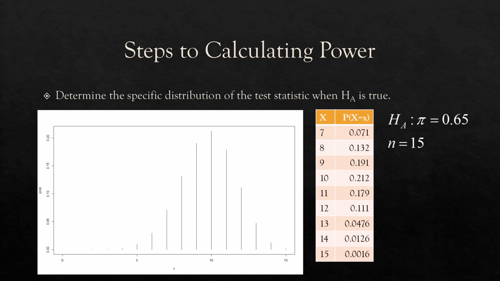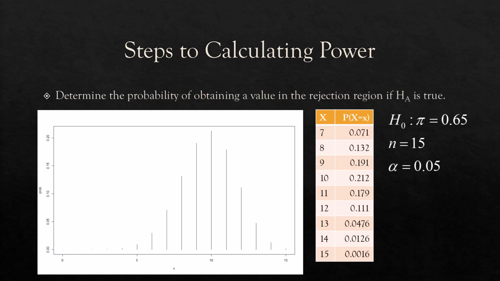Once we've determined that specific distribution, we now have to determine the probability of obtaining a value in the rejection region if the alternative is true. Careful, we are not constructing a new rejection region. The rejection region is for the null hypothesis, not the alternative. So when I say we have to determine the probability of obtaining a value in the rejection region if the alternative is true, it's the same rejection region we used for the null hypothesis, and that was 12 and above.